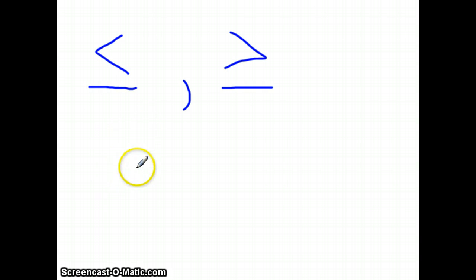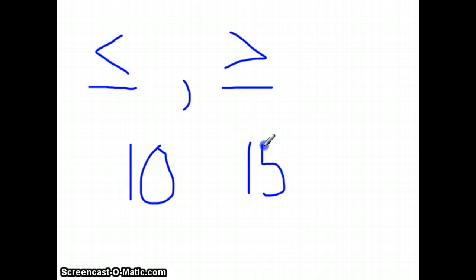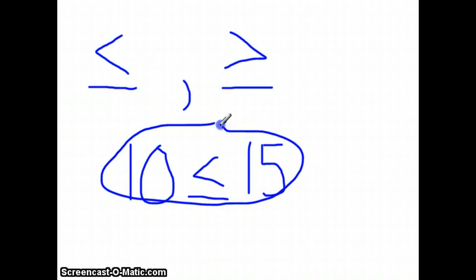For example, if we have the number 10 and the number 15, and we want to use one of these symbols to describe the relationship between these two numbers, we could say that 10 is less than or equal to 15, because this statement is true because 10 is less than 15.